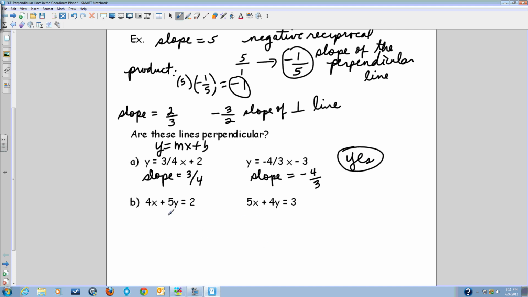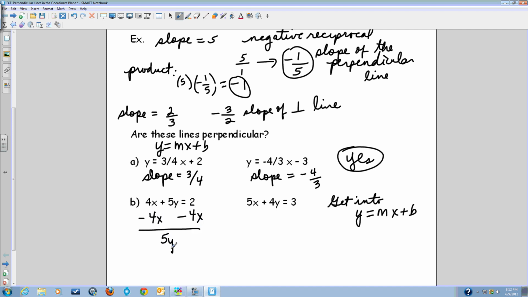Now this next group of lines, notice these are not in slope-intercept form. So we do want to get them into the form y = mx plus b, so we can easily recognize the slope of each line. So to get this first one into y = mx plus b, you're going to subtract 4x from each side.